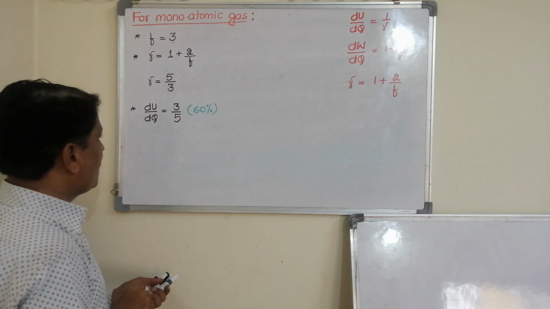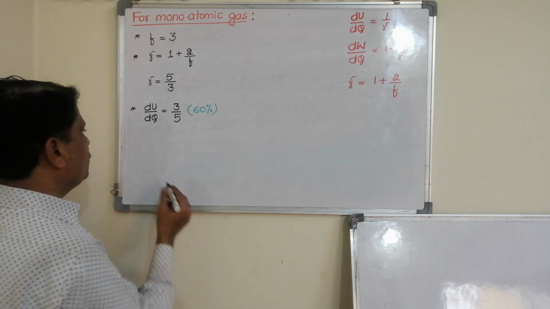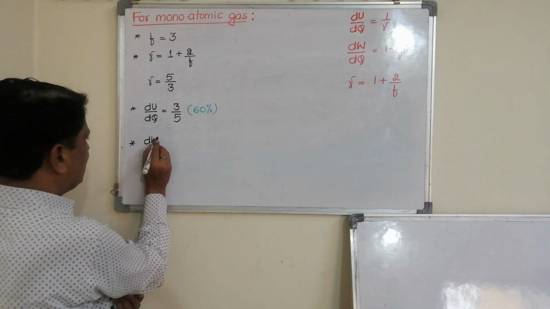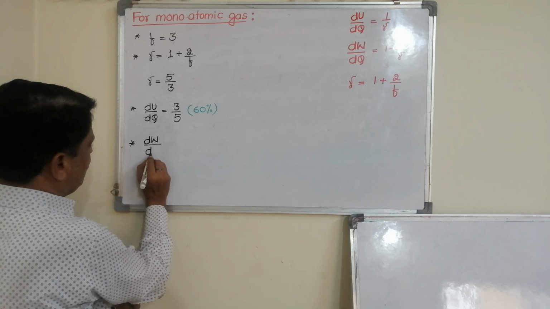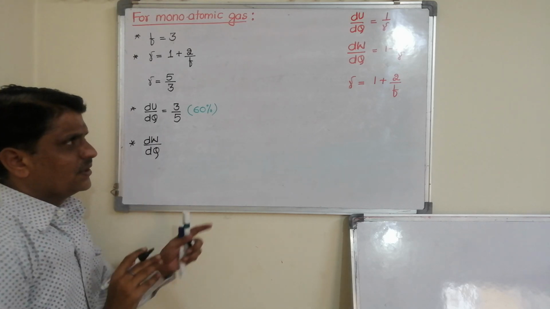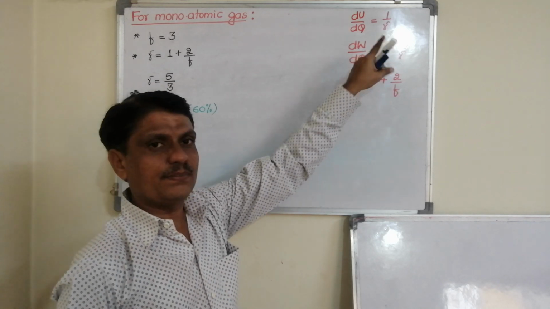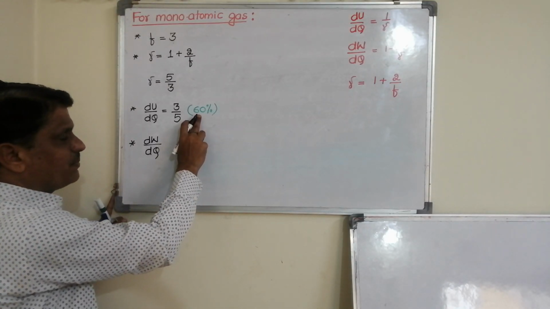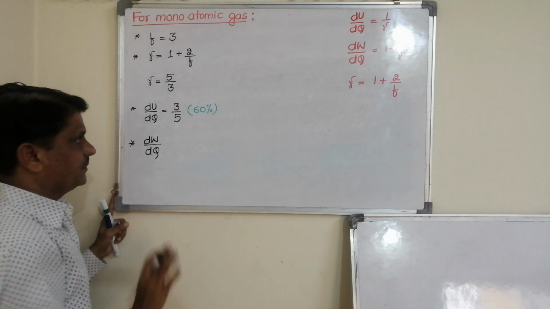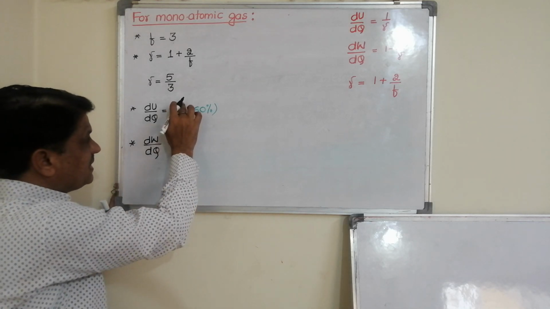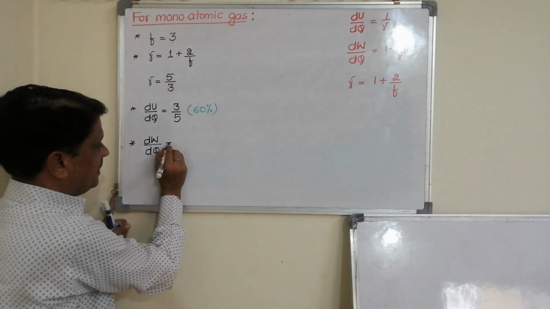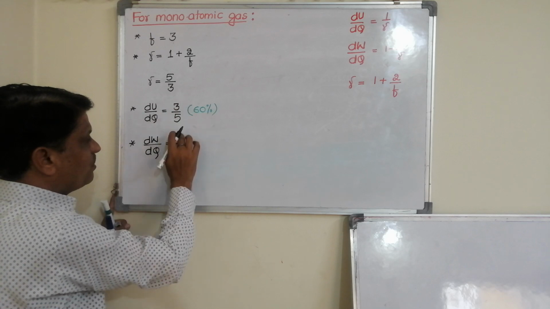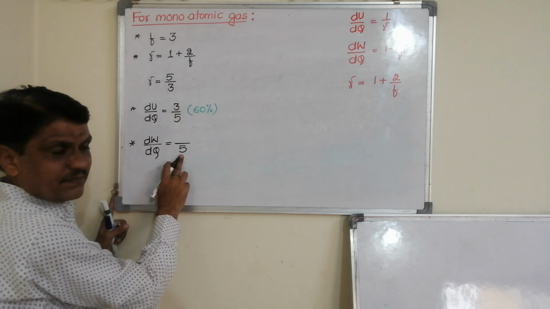Right. So after this dU by dQ, then dW by dQ. So it's very simple. No need to substitute and simplify here. Directly also you can write. Example, if it is 60% means it should be 40%. Or if it is 3 by 5, then here also 5, and sum of the two numerators must be equal to 5.